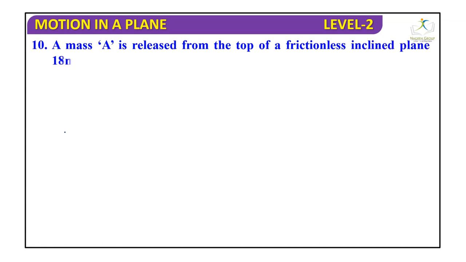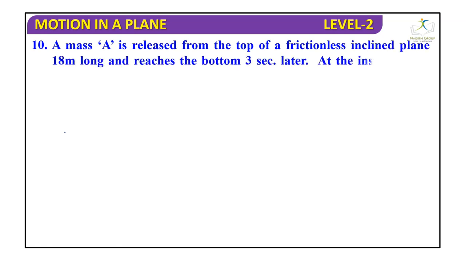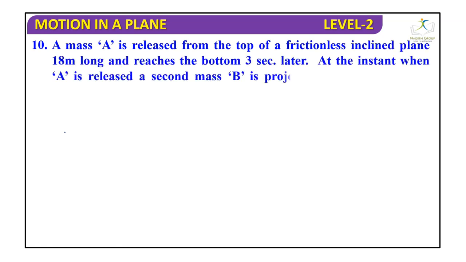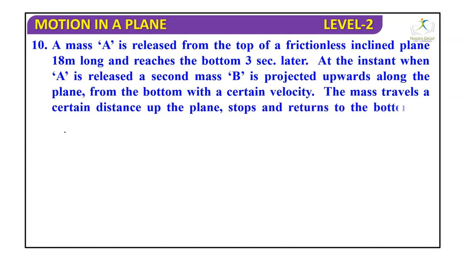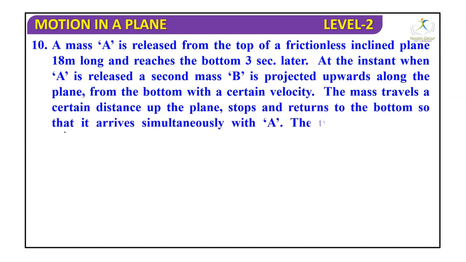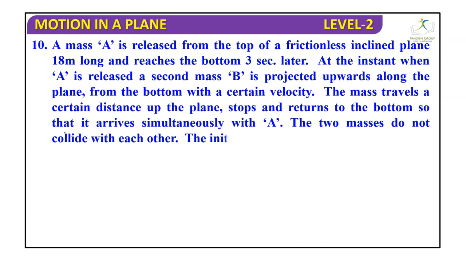Next question: a mass A is released from the top of a frictionless inclined plane 18 meters long and reaches the bottom 3 seconds later. At the instant when A is released, a second mass B is projected upward along the plane from the bottom with a certain velocity.